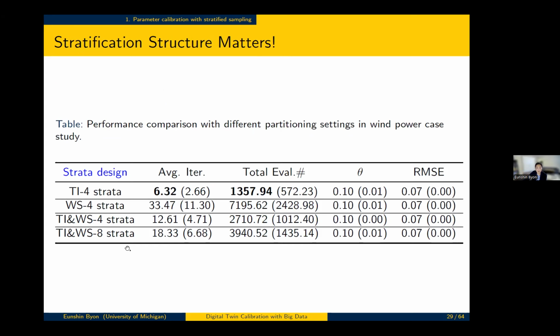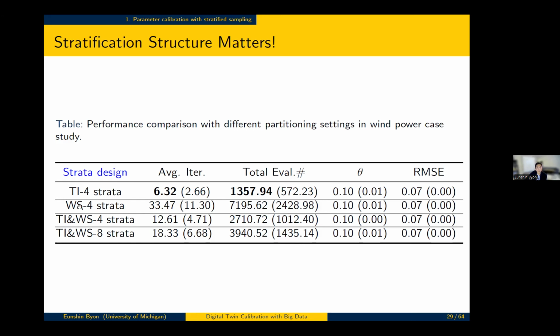These are preliminary results. We try stratification with different input variables. First, in the wind powered system, wind speed is the most important variable, so I first tried wind speed to divide the input space with 4 strata. But the average number of iterations was 33, and this is not much better than original SGD.